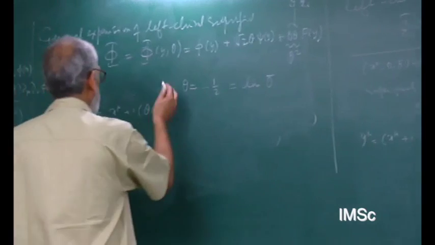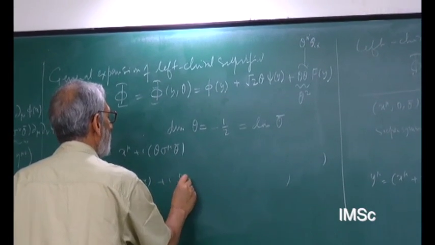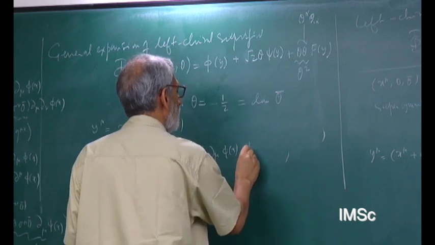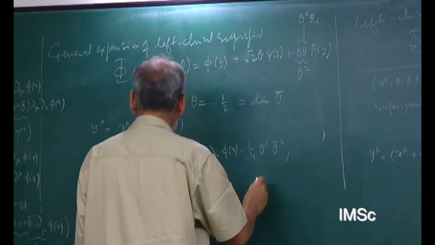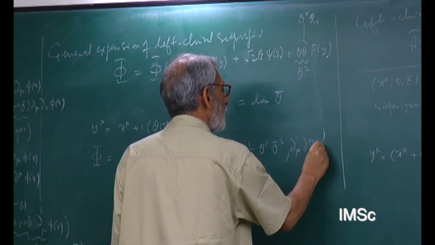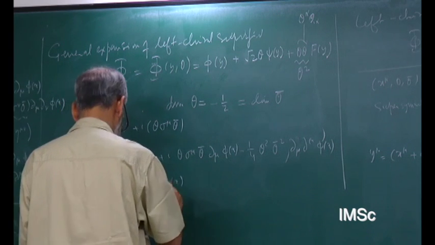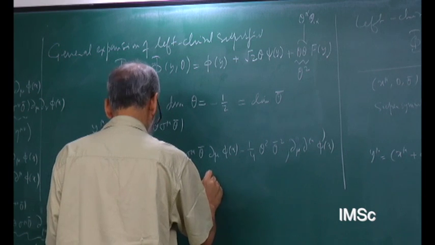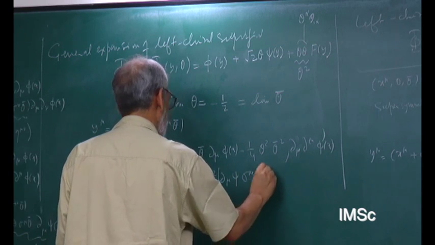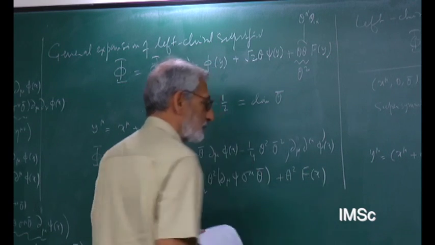So we rewrite this as now phi of x plus I theta sigma mu theta bar d mu of phi of x minus 1/4 theta square theta bar square d mu d mu phi of x plus root 2 theta psi of x minus I by root 2 theta square d mu psi sigma mu theta bar plus theta square f of x.